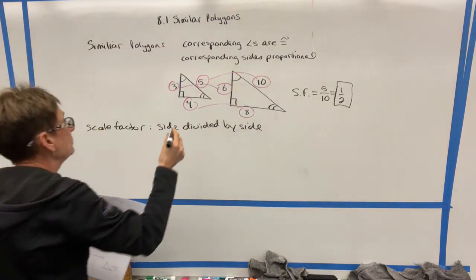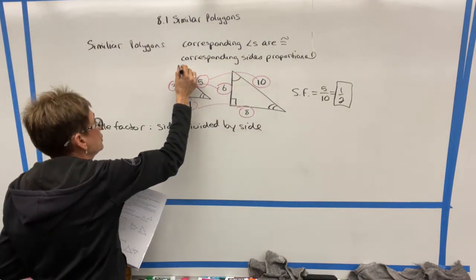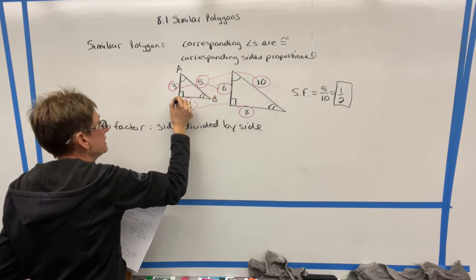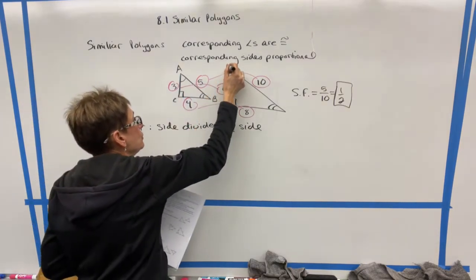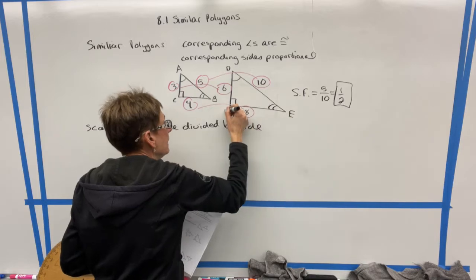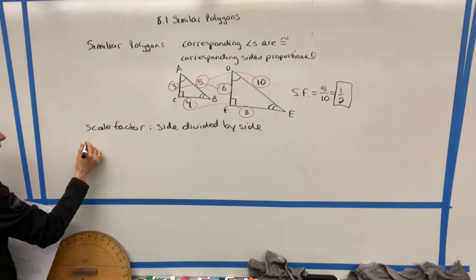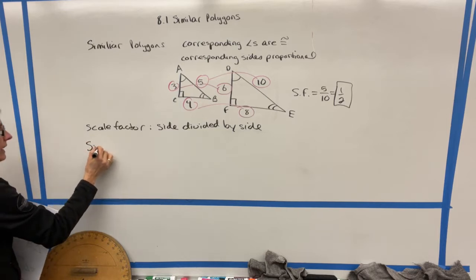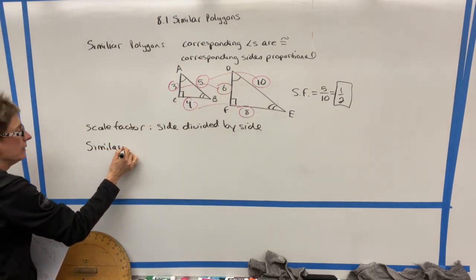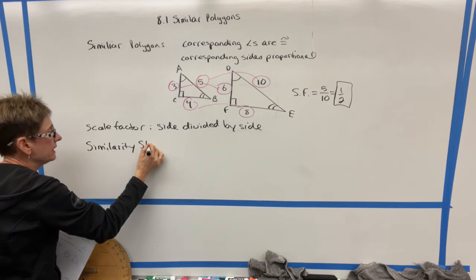Now let's put some letters on this triangle. Let's call this triangle ABC, and let's call this triangle DEF. And we'll do another vocabulary word. Another vocabulary word is what we call a similarity statement.